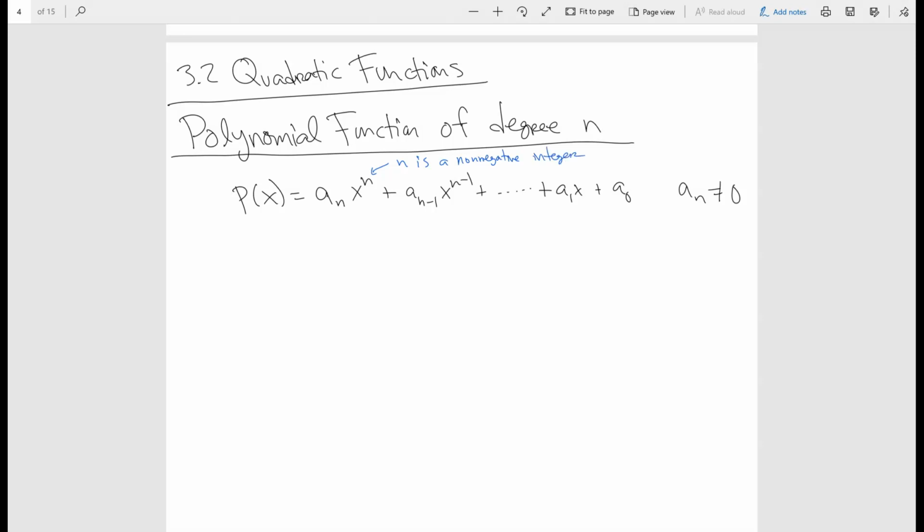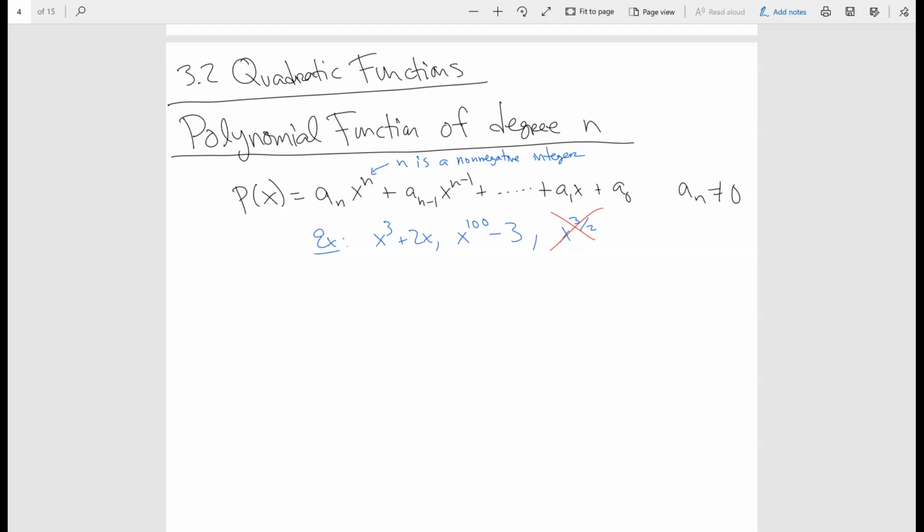So this is a polynomial. Polynomials you probably have seen like x cubed plus 2x, x to the 100th power minus 3, right? X to the 3/2 would not be a polynomial because 3/2 is not an integer. Okay, so that would not be considered a polynomial.